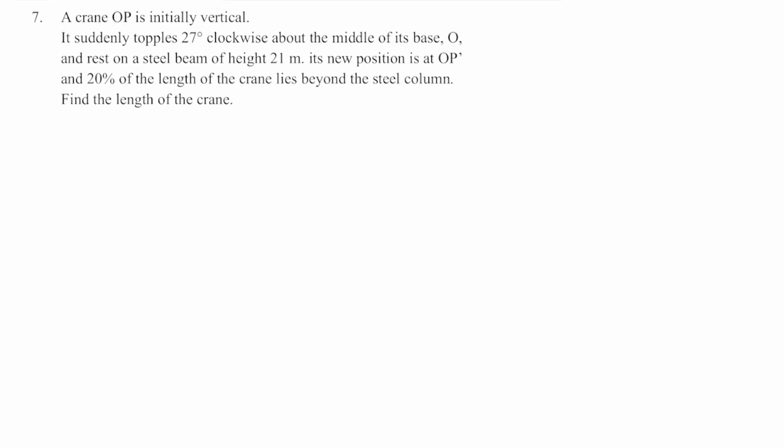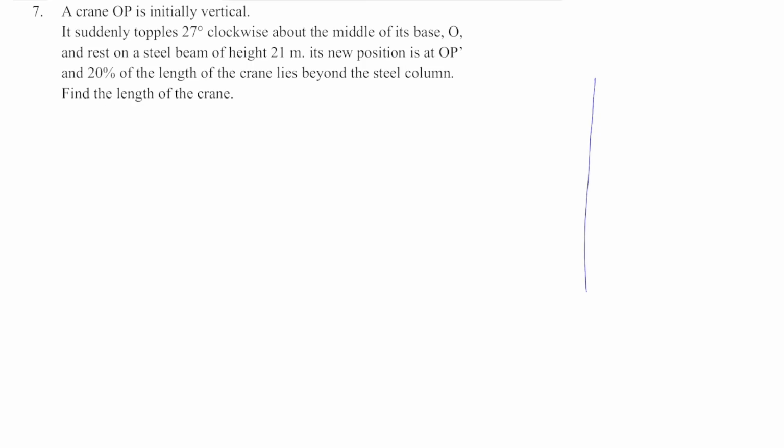All right, so there's a crane OP initially vertical. So I have a crane. Then it suddenly topples 27 degrees clockwise about the middle of its base, that means it's down here.